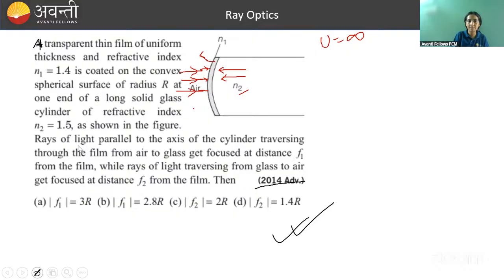So in the first case, it is converging at f1. In the second case, it is converging at f2, and we have to find the values of f1 and f2.